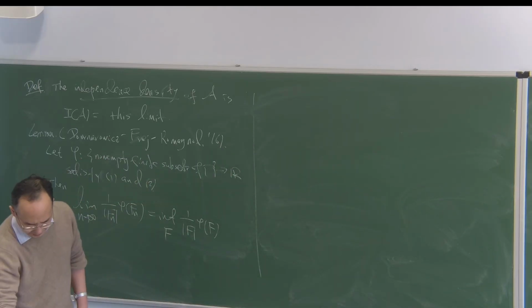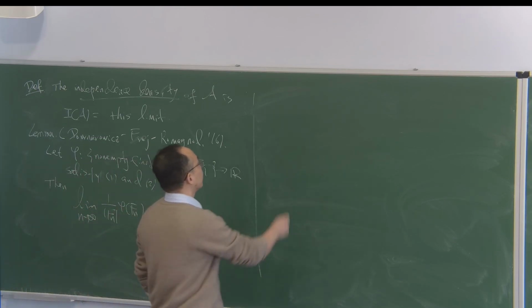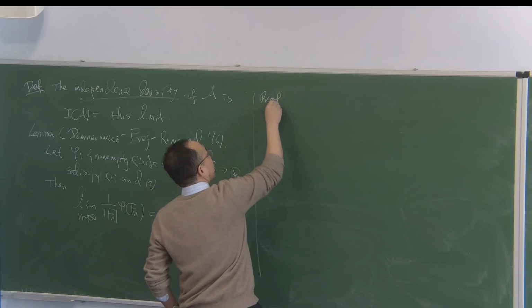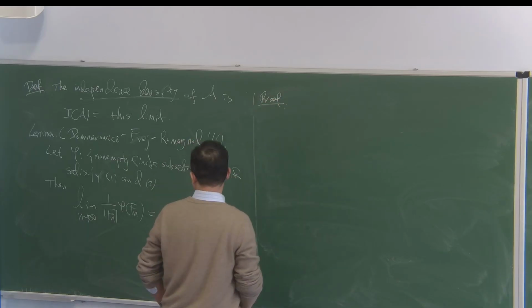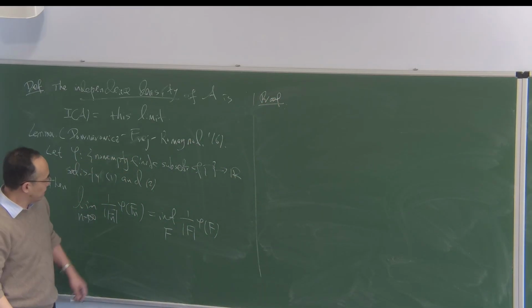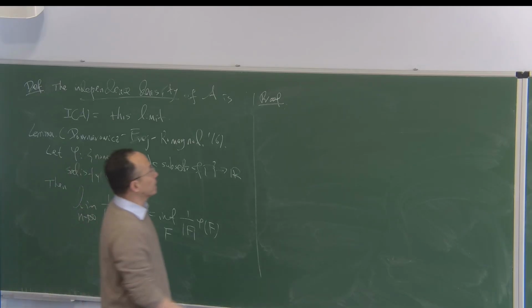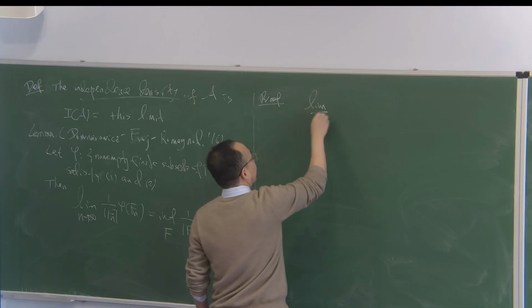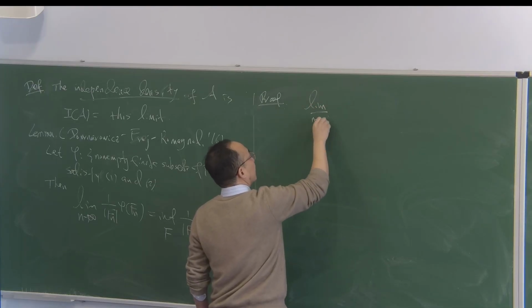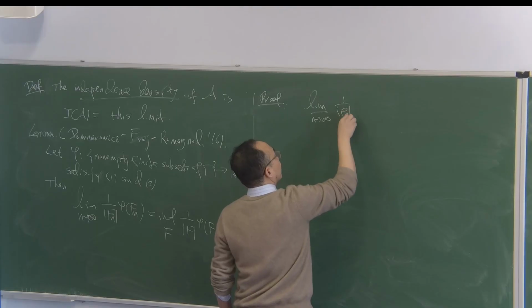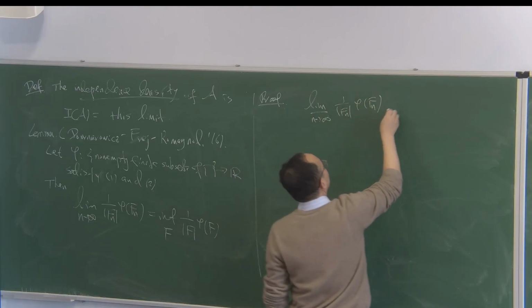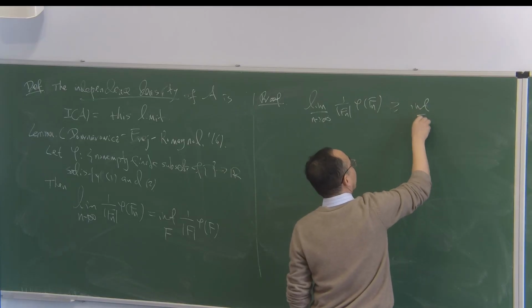So let me explain it. The proof is fairly simple. In one direction, the left-hand side is at least the right-hand side.